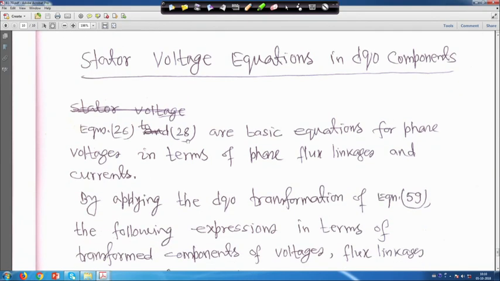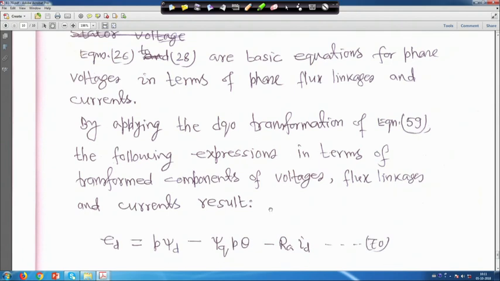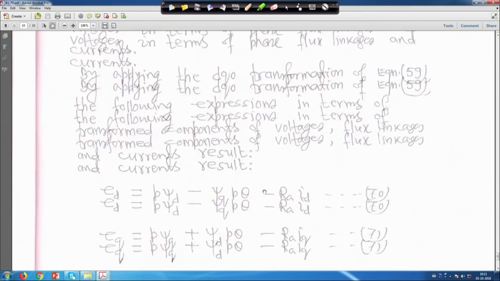Equations 26 to 28 are the basic equations for phase voltages in terms of phase flux linkage and current, which we have seen. By applying the dq0 transformation, using equation 50 and equation 59, the following expressions in terms of transformed voltage, flux linkage and current result.